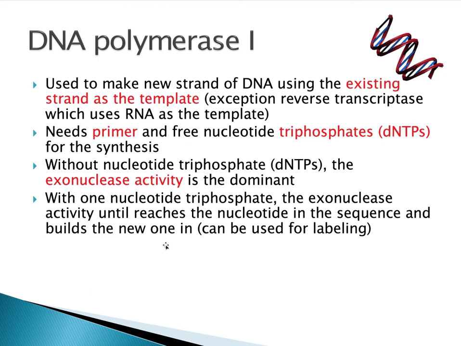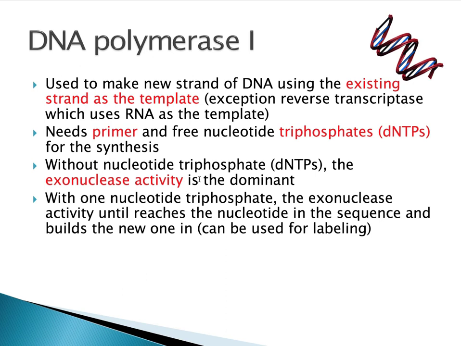Okay. So again, with polymerase 1, you can make DNA in the lab, usually using a DNA template. If you have an RNA template, you have to use something called reverse transcriptase, so that's important. Again, it needs a primer and free nucleotides, 3' phosphate, dNTPs, and if you don't provide any nucleotide, you actually activate the exonuclease activity.